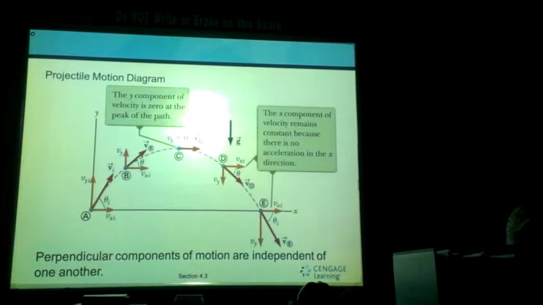So that means as we throw an object up, acceleration and the force of gravity is going to act on that object, slowing it down. So I should see specifically the Y component of velocity start to get smaller. It should start to diminish. Once I get to maximum height, the velocity in the Y direction is 0. And that's because I'm going to have to stop and change direction.